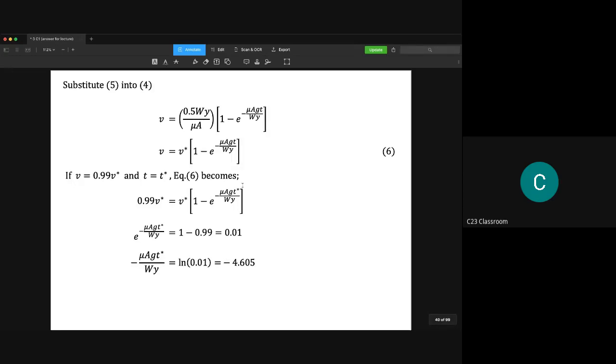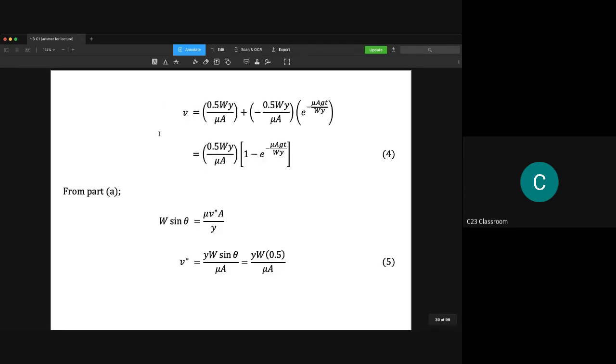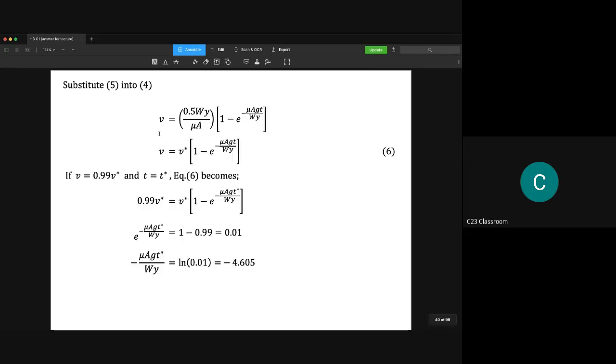And then by using equation number 5 and number 4, we could substitute the value of v. Okay, so I'm lost here.